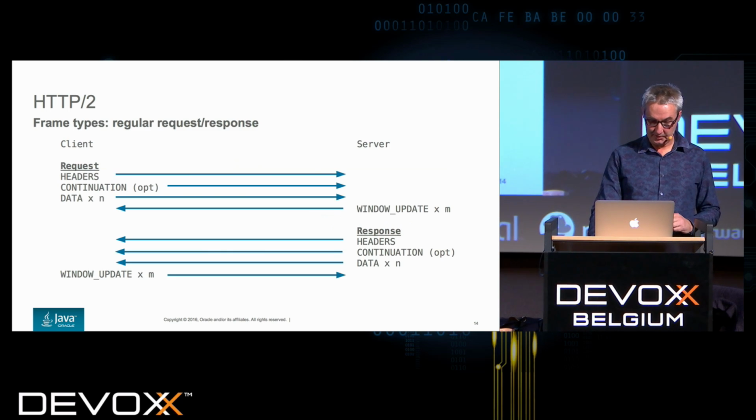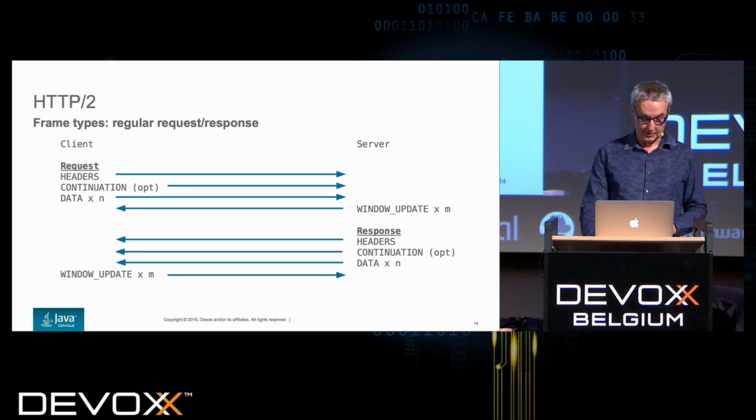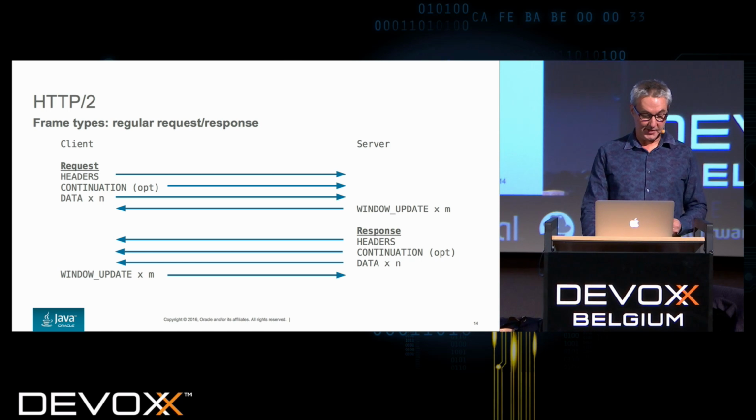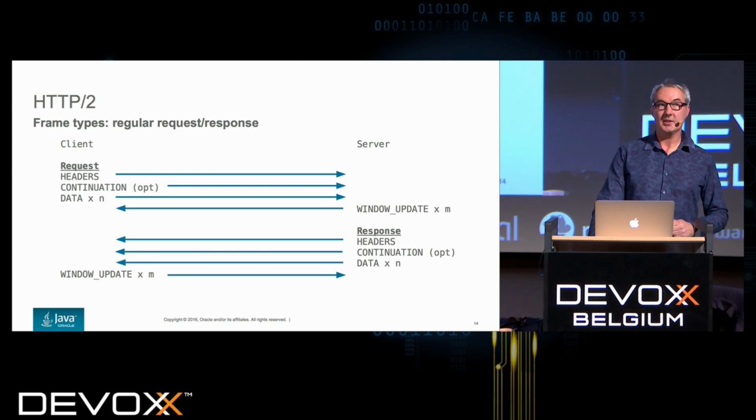So let's take a look at a simple interaction, a request and a response in terms of frames. On the top there, we have a request sent from the client to the server, and it comprises a headers frame. So every request begins with a headers frame. If all of the headers don't fit in the headers frame, then there may be 0 or more continuation frames, but they're optional. And then if the request contains body data, then that will be followed by 1 or more data frames.